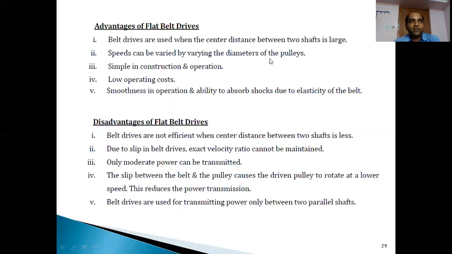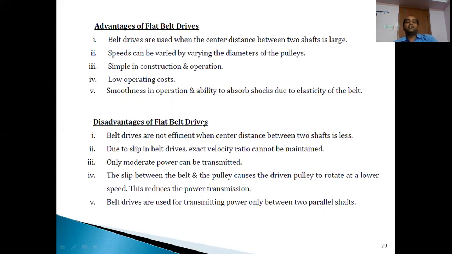Anybody can operate them, so they are simple in construction as well as operation. Compared to other drives, that is gear drives, they have a lower cost and lower operating cost. And as we use only belts and pulleys, there is smoothness in operation. You should only check the elasticity of the belt, whether it is able to absorb shocks or not. If the belt fails, you have to replace it with a new belt.